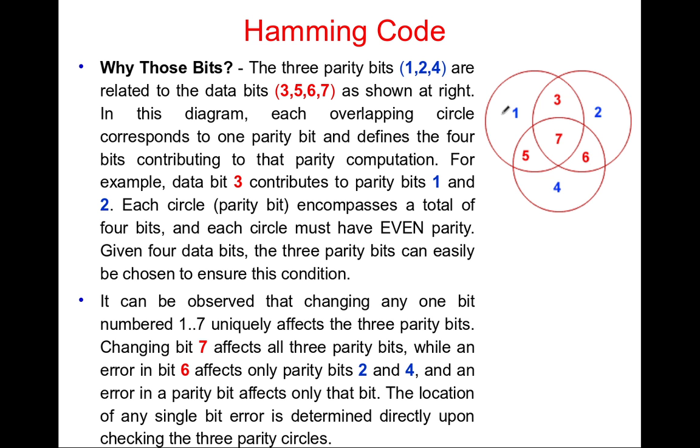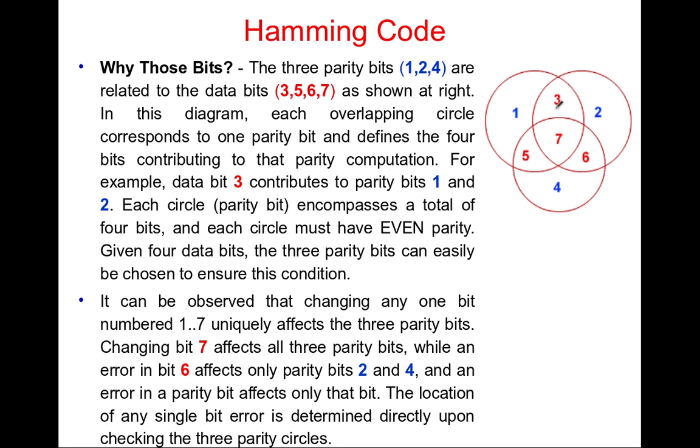Here we are getting the data bits 3, 5, 7 and 6, and the check bits 1, 4 and 2. For each individual check bit, the corresponding data bits, which are shown here, 3, 5 and 7, will be used, and so on.